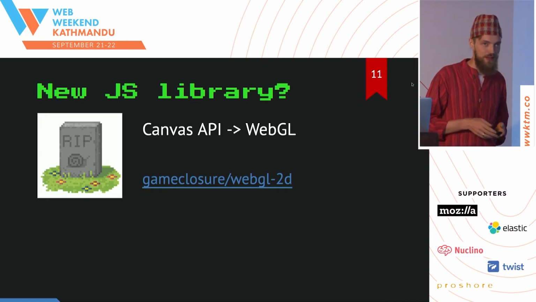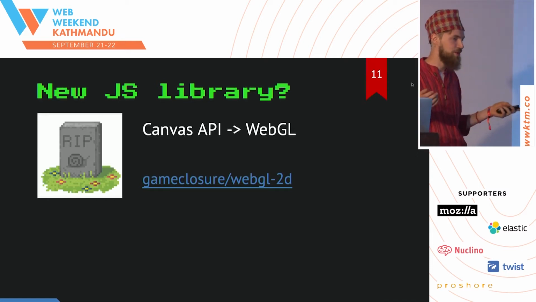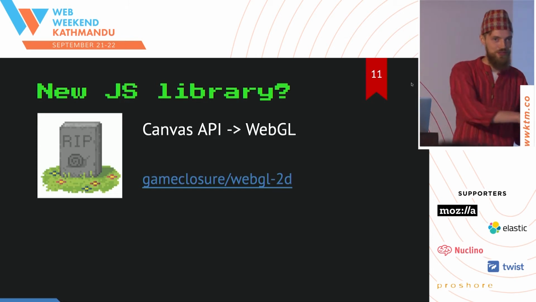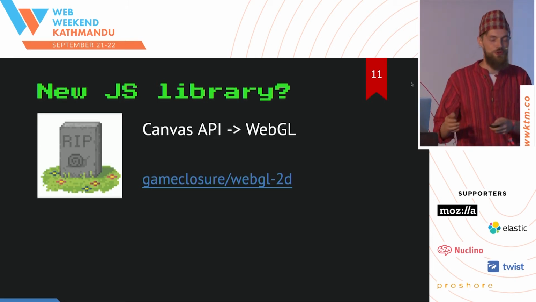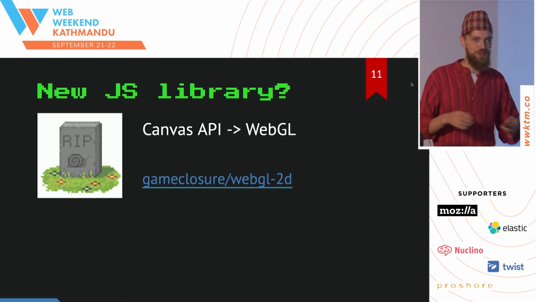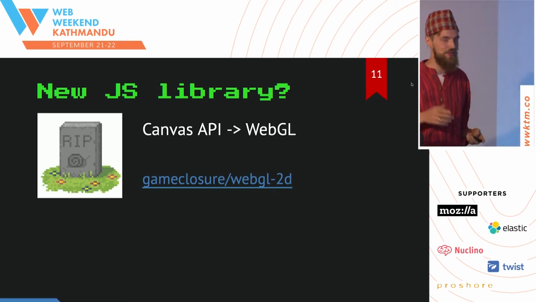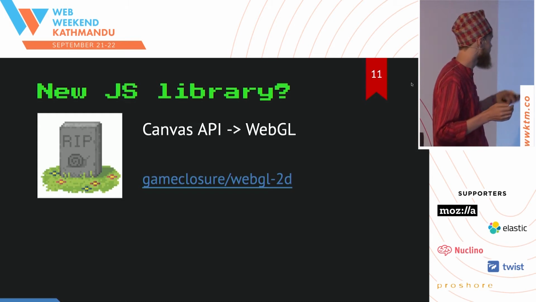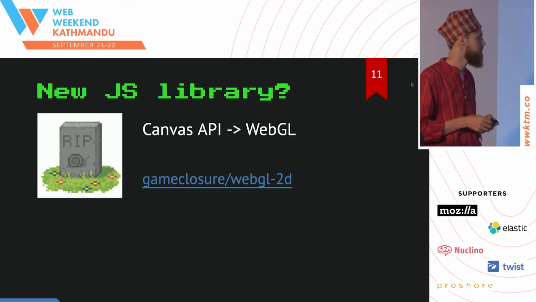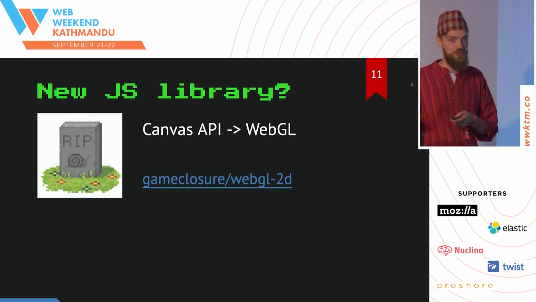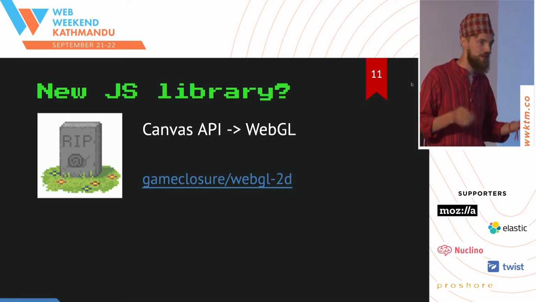Exactly, the absolutely obvious question: how to make a new JavaScript library that makes it simpler. For example, getting a canvas API to draw something, to draw primitives, to draw rectangles, lines, and so on. But this library exactly exists, but nobody uses it because WebGL with canvas API did not become faster.